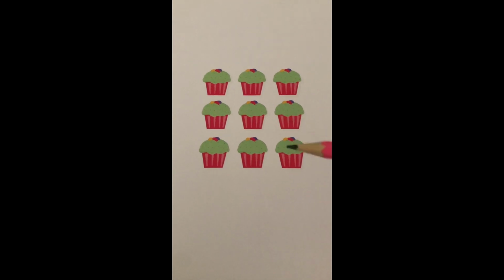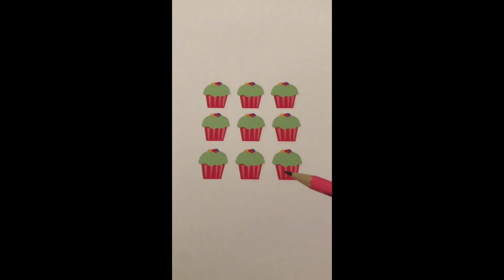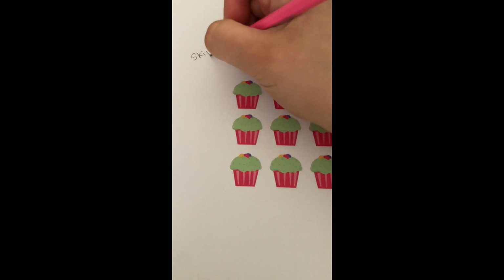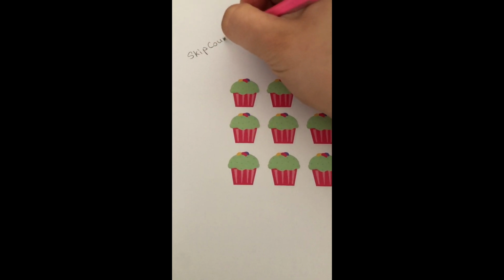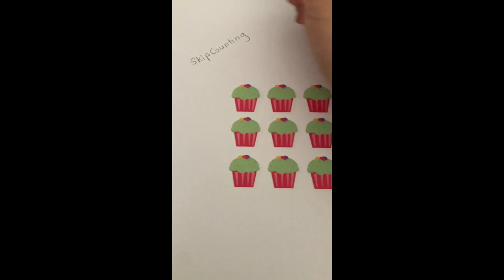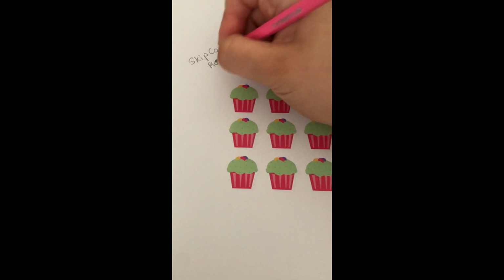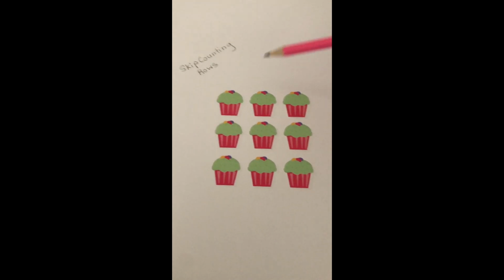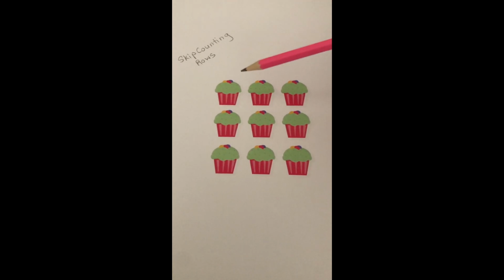I'm going to show one last example with a new array. So here we see cupcakes. I'm going to start by skip counting the rows. Now, as I said, this is a choice. You can choose to skip count the rows or columns. You don't have to do both. But if you'd like to check your work, you can use both.